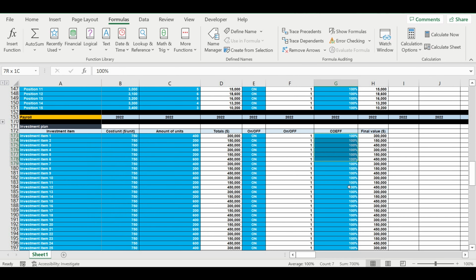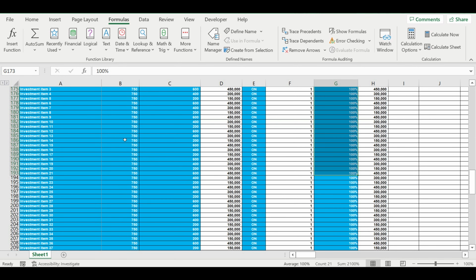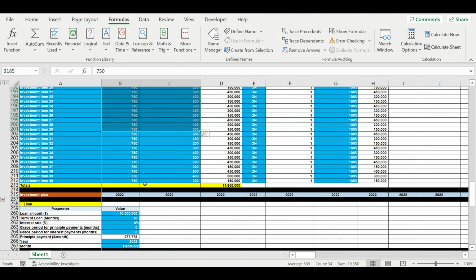Here are the coefficients that you're going to play with. For example, you want to decrease the amount of money that you are paying to different contractors. You can just increase or decrease these values without playing with all these absolute values, just for scenario analysis.